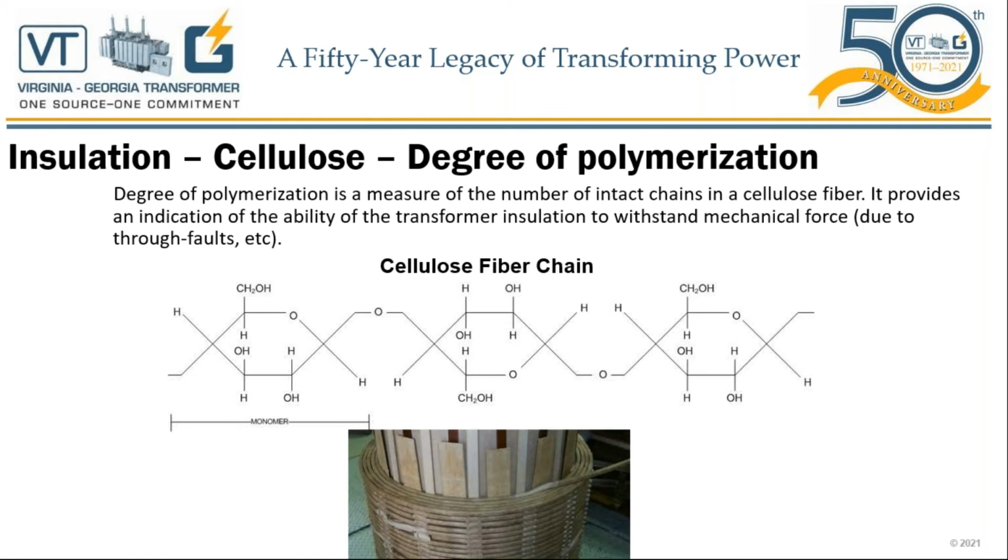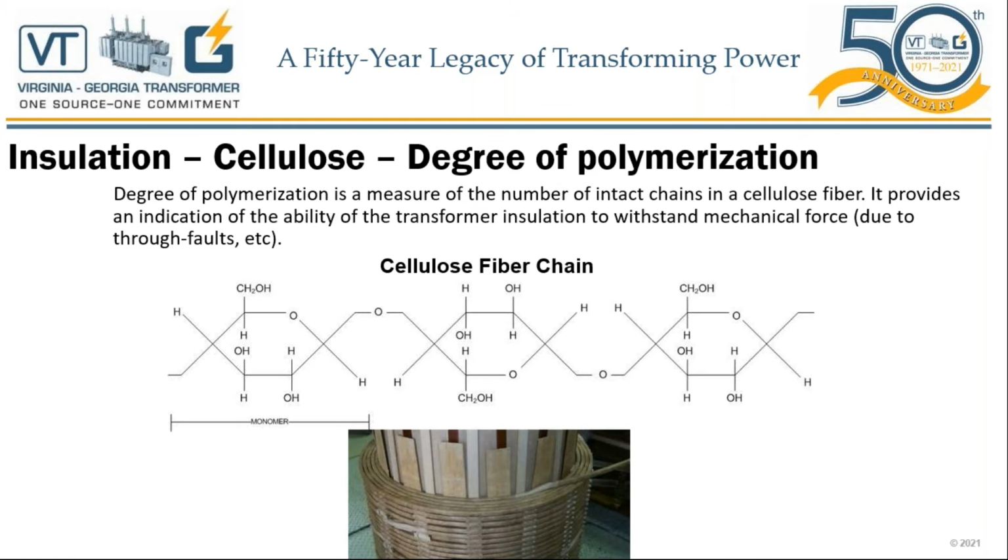Way above 100 degrees. So what happens when the temperature is way above 100, especially around the conductor and the blocks that are holding these conductors, the windings together? Then the cellulosic fiber chain is going to start breaking because the main connector, which is H2O, is vaporizing.